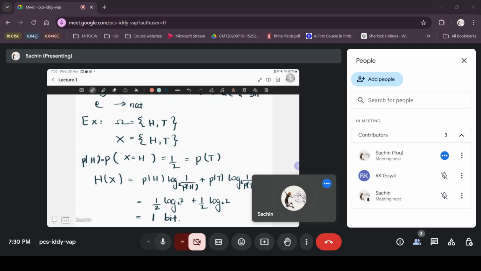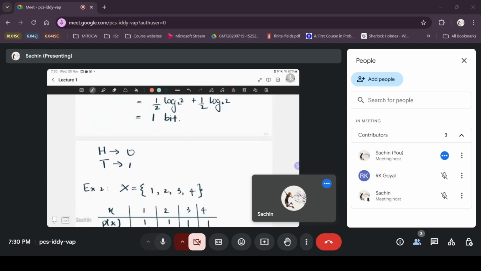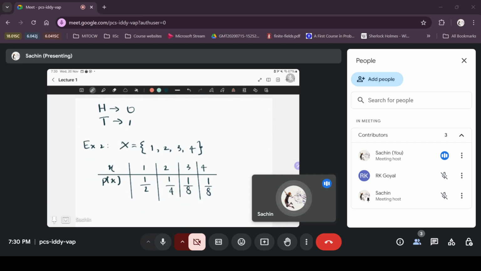You said I will assign 0 to heads and 1 to tails, and using only one bit, I can represent the outcome. And when you calculated the entropy, it turned out to be one bit. So analogously, what will you do in this case? There are four outcomes. What would you do?